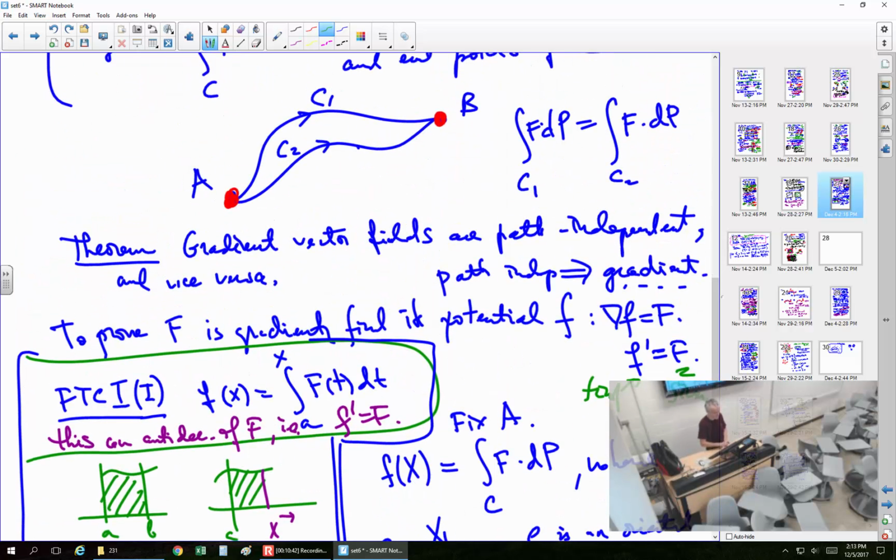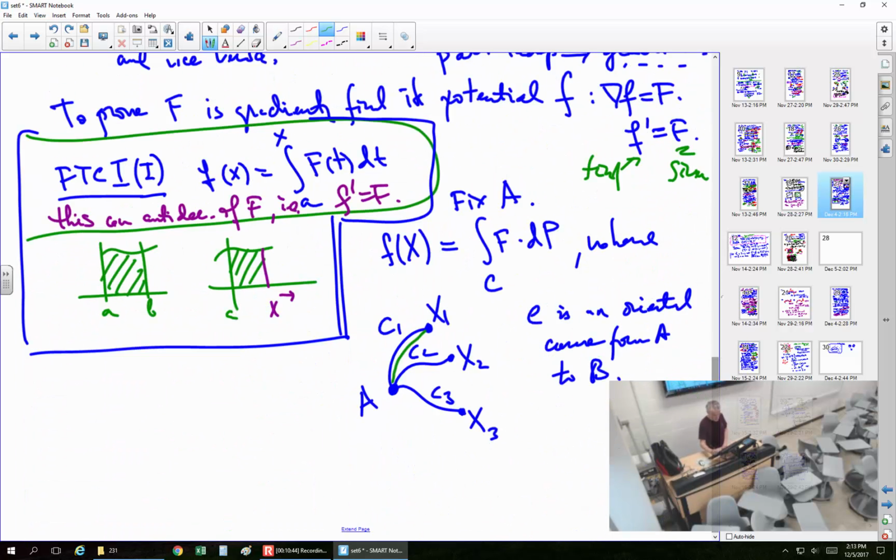So we have a path-independent vector field, which means only the endpoints matter. One point is fixed, A, and no matter how you get to the other point, the answer will be the same.